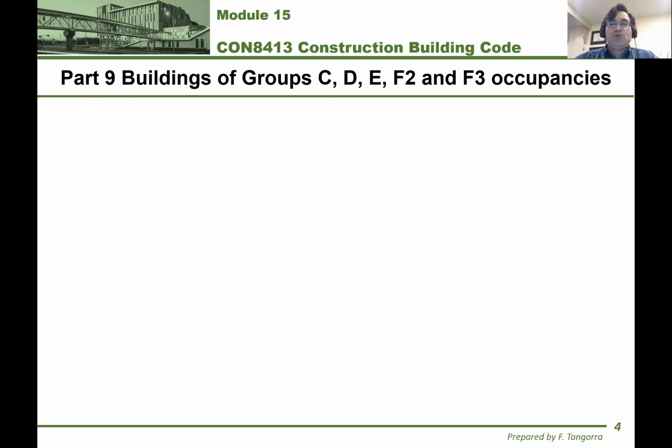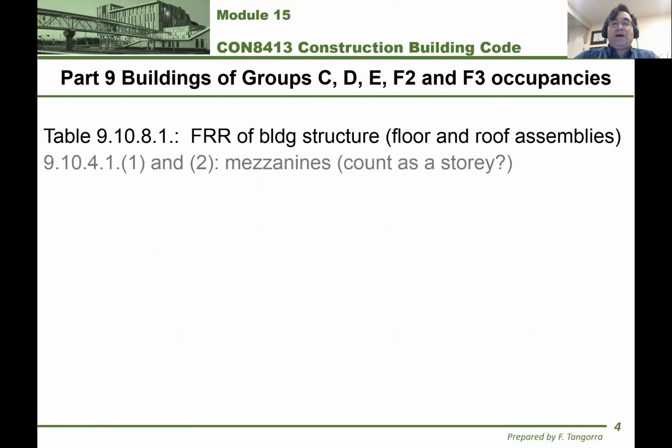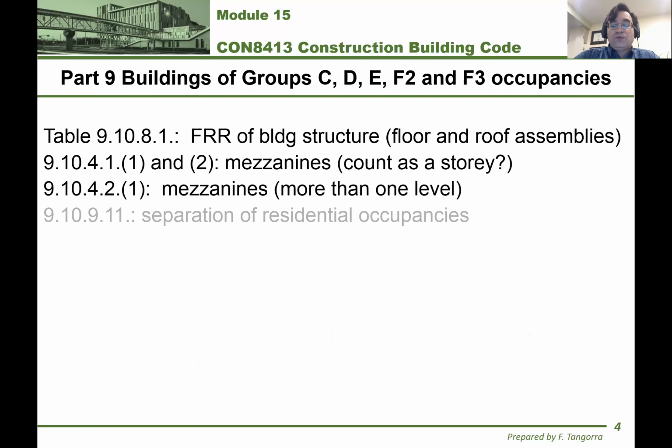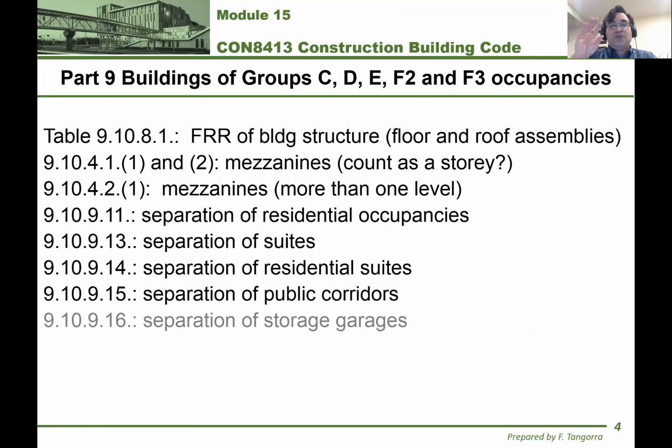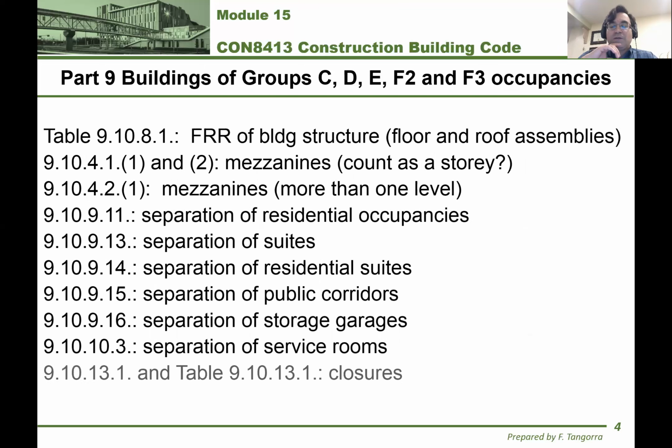So I'm not going to spend too much of this lecture going over all the details as they relate to Part 9 building requirements for everything that we've covered so far for Part 3. That's because all of the requirements that I'm going to be listing right now are listed for you in your course notes, and there are also some blurbs that go with them to give you more information.